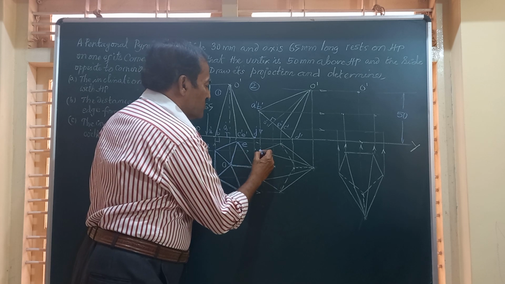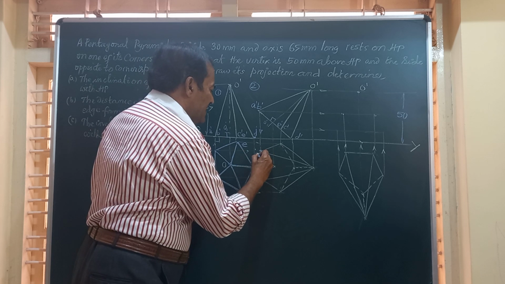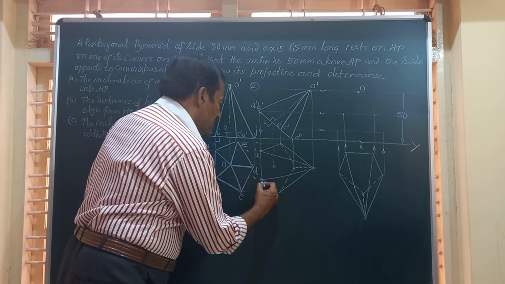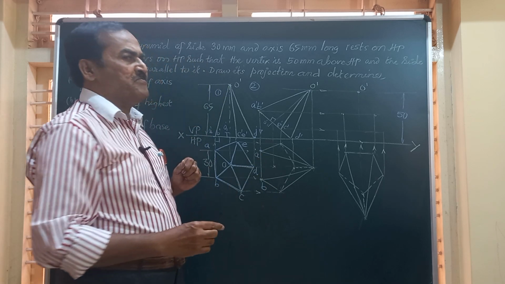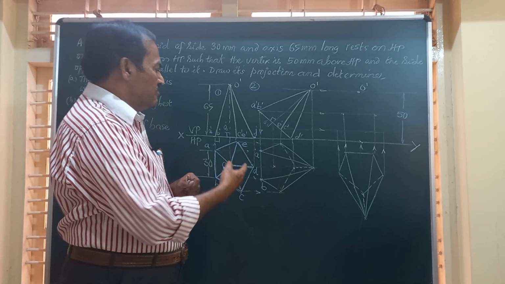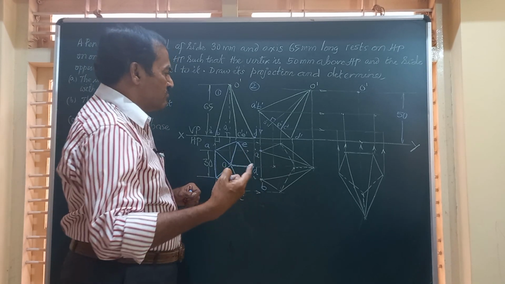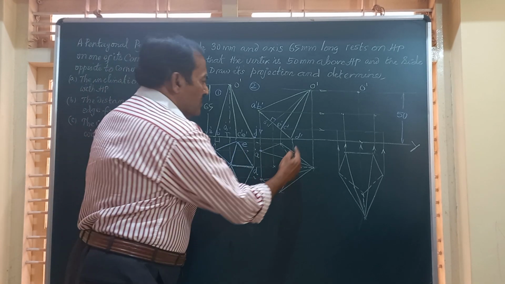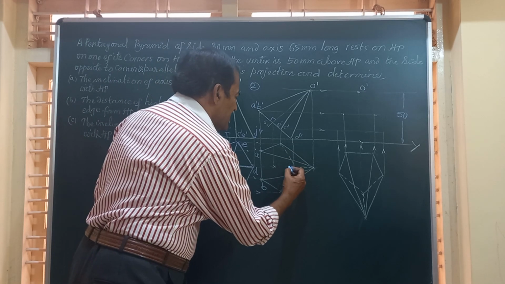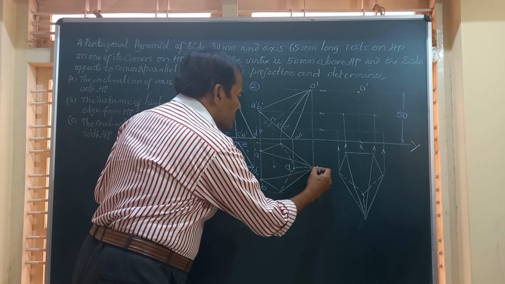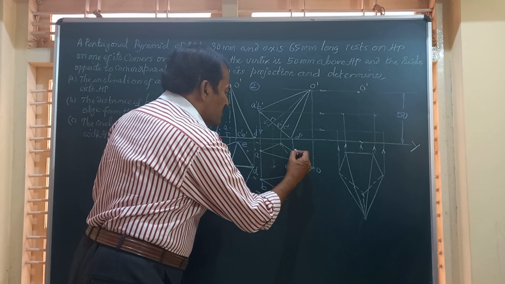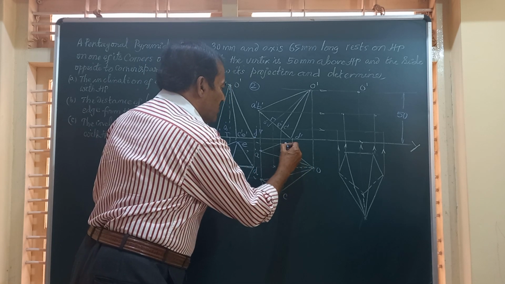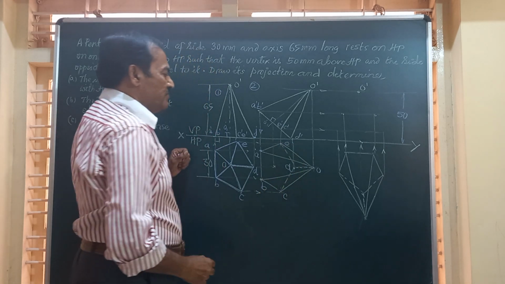The point where those two intersect is point A. Similarly, you get B on the same line. Remember, this AB and this AB will have the same dimension because that edge is perpendicular to VP. Look at this point D here, and this is the vertex O, and this is point C. We follow the same procedure and obtain all the 5 corners of the base.